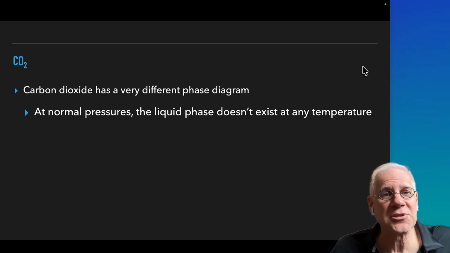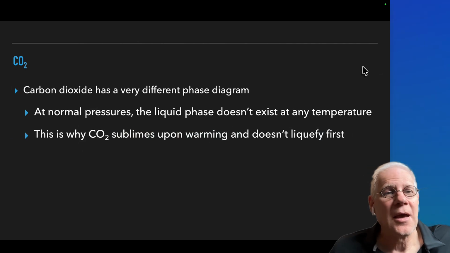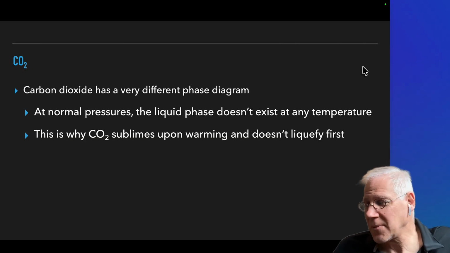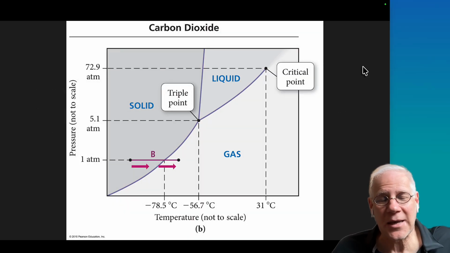You can't turn CO2 into a liquid at any temperature based on the phase diagram. And so if you have solid CO2, remember that's dry ice. If you've ever played with dry ice, you know it never liquefies. It just turns directly into a gas. It sublimes. As soon as it warms up to room temperature, it never melts. It just turns directly into a gas.